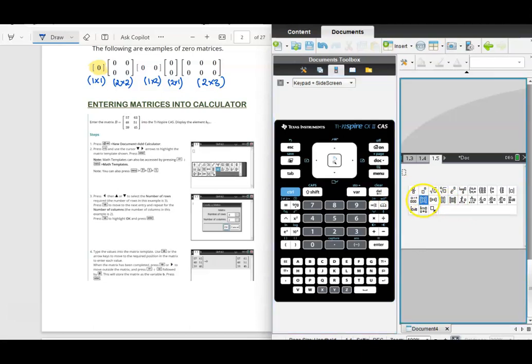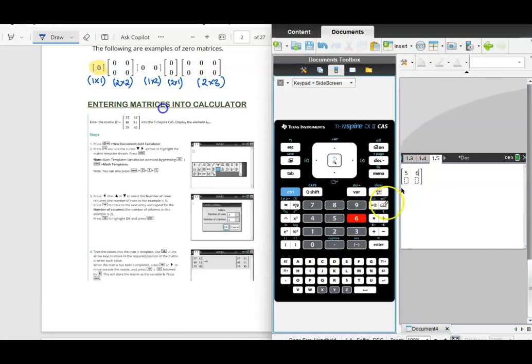The first one gives me a 2 by 2, a square matrix. If I click in it, you can press tab and that will take you through all the elements. That's often a lot quicker. So I have created a 2 by 2. They have a square one as common because you use it a lot.